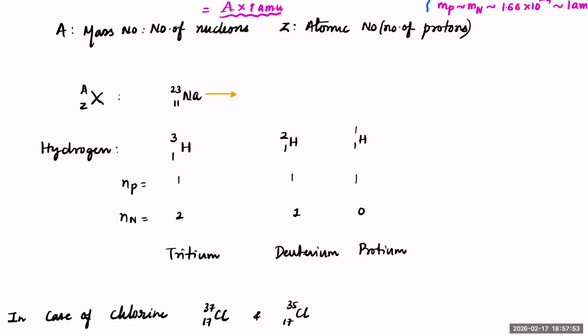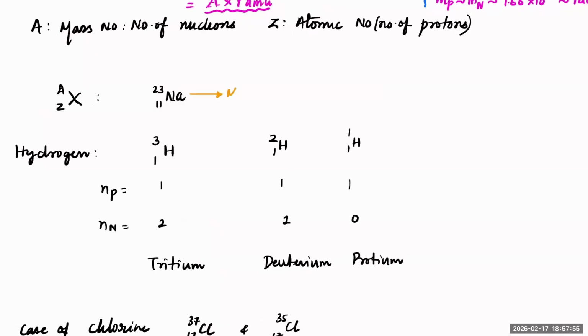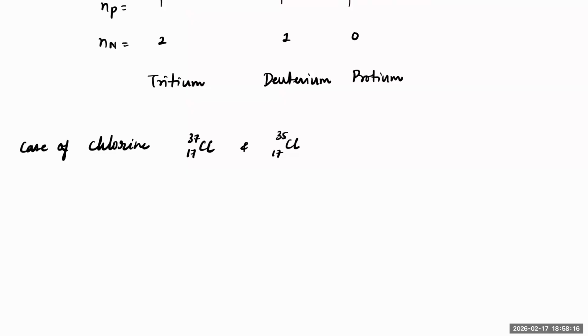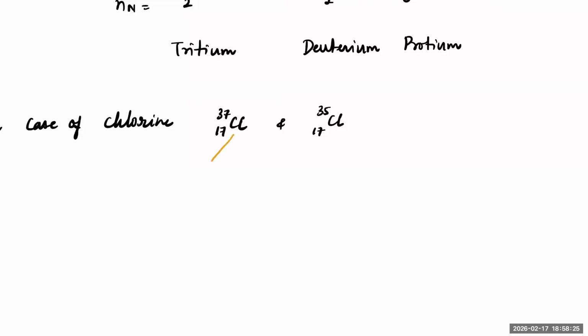Mass of one sodium atom is equal to 23 AMU. Done. This is how you can read it. So if you know the mass number, that means indirectly you know the atomic mass or mass of that particular atom, correct?